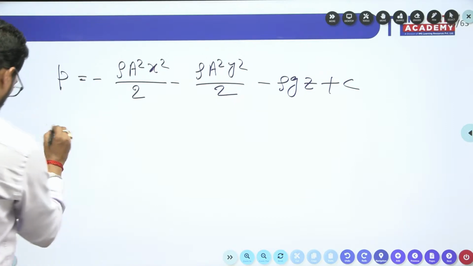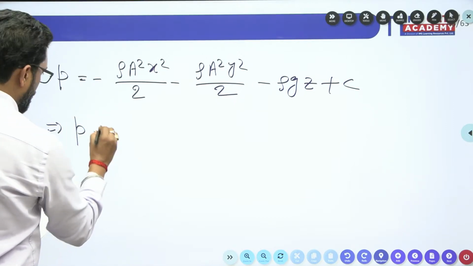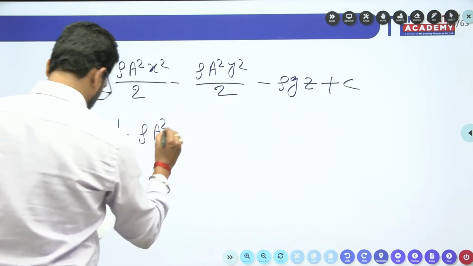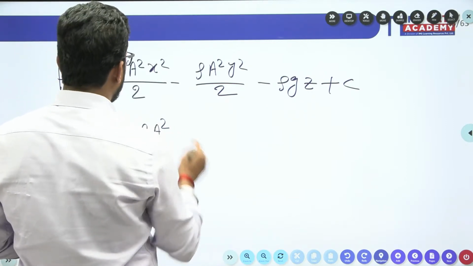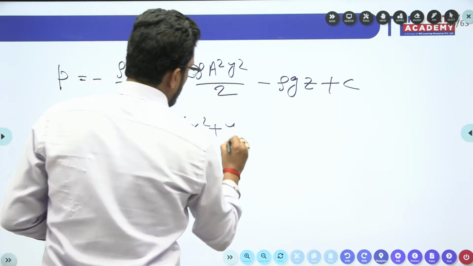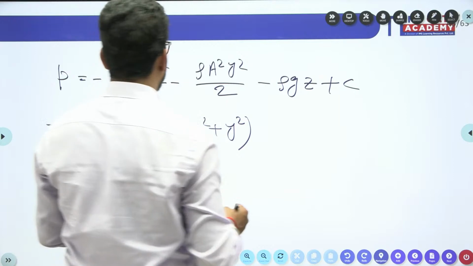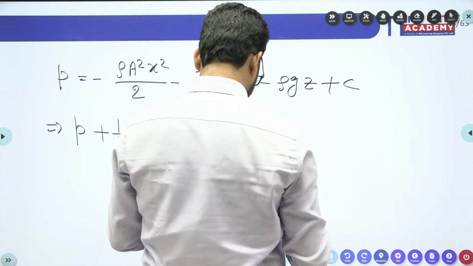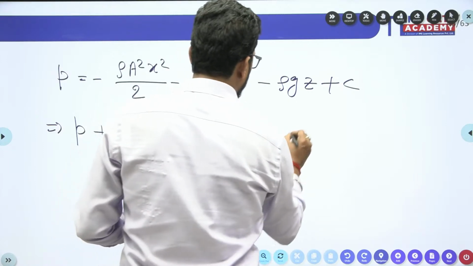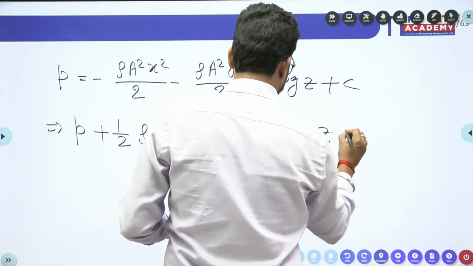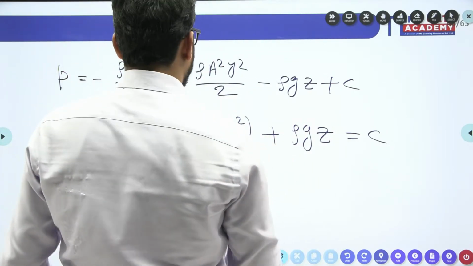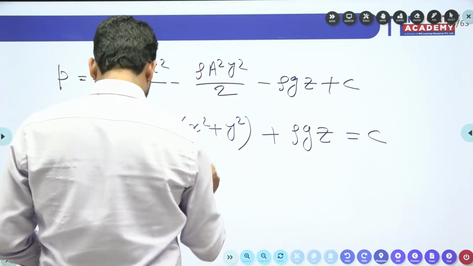So P plus half rho A square times X square plus Y square, plus rho G Z is equal to constant.